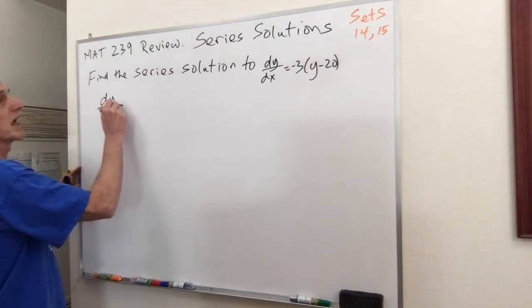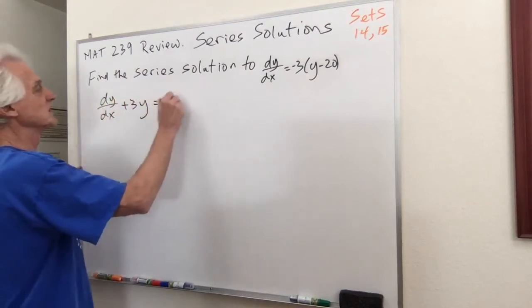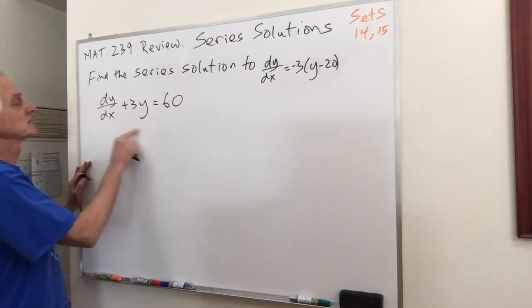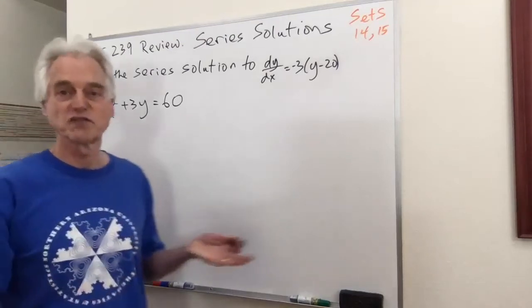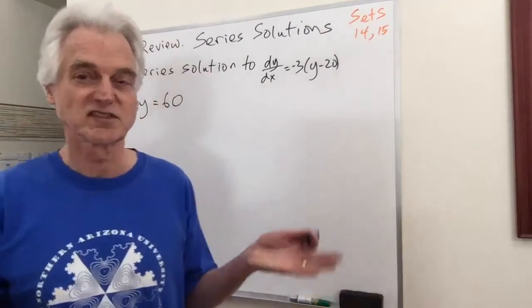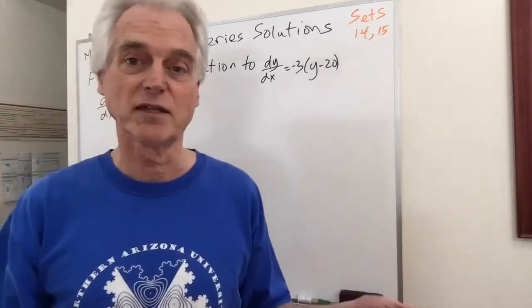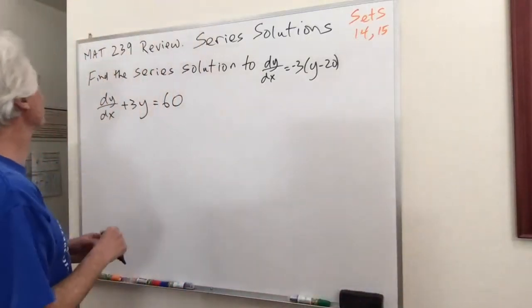Dy dx plus 3y is equal to 60. So it's linear, non-homogeneous. It has constant coefficients. So in this case, it's kind of silly to be using a series solution, but that's what we're doing on the review. We're doing it lots of different ways, okay?